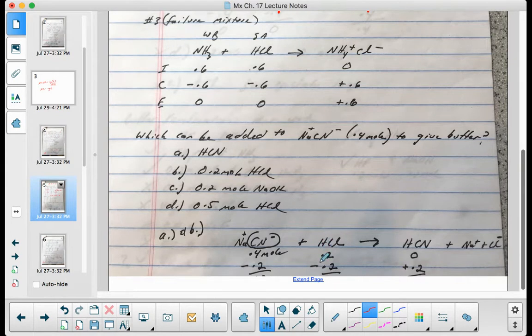All of the acid would react, only half of the weak base would react, and I would have left over the conjugate acid of the weak base. So there would be my conjugate acid, there would be my weak base. That would be another example.